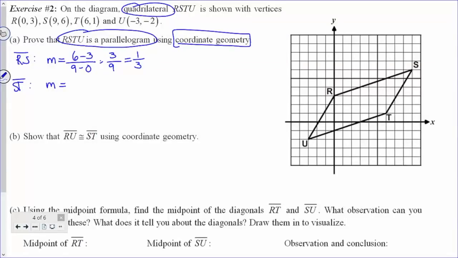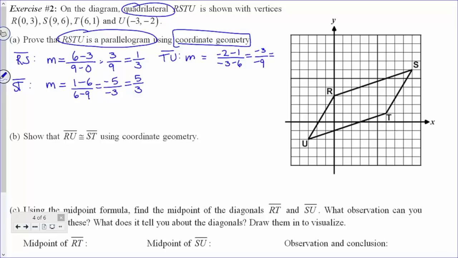So ST, the slope, (1 - 6) divided by (6 - 9) equals -5 divided by -3. And anytime you have a negative divided by a negative, make sure to turn that positive. All right, 5/3. Let me now do the slope of TU. The slope of TU is going to be (-2 - 1) divided by (-3 - 6), which is going to be -3 divided by -9.